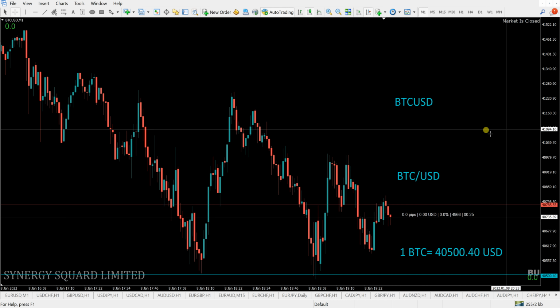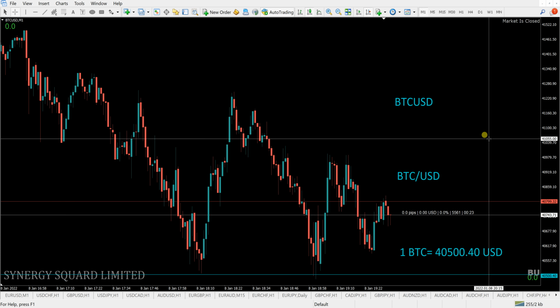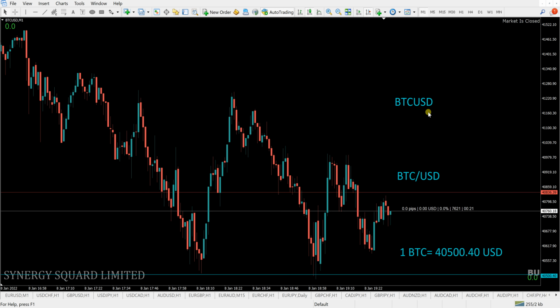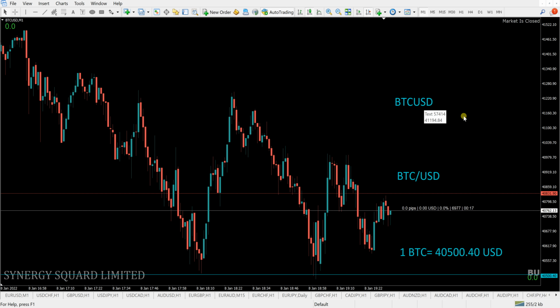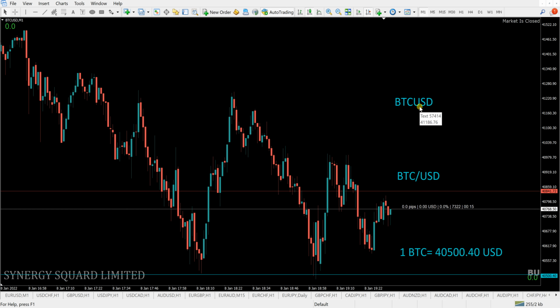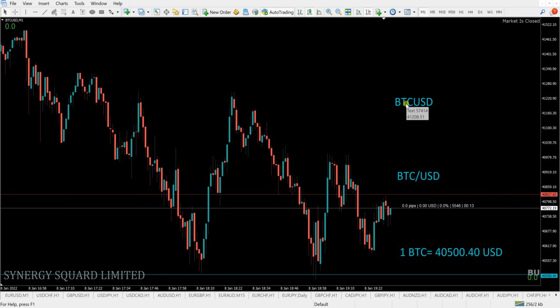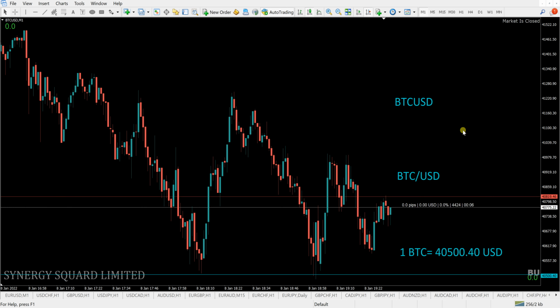Just like that, at any price level, the quote currency means how many of this can we use to buy 1 of this. That is what is represented everywhere on the chart and in all charts.